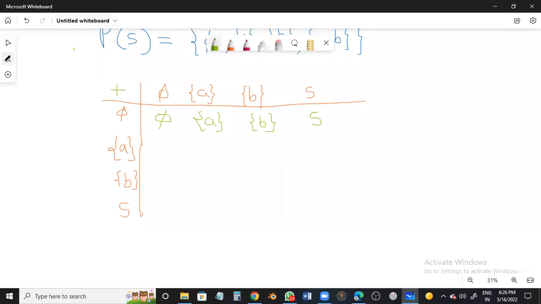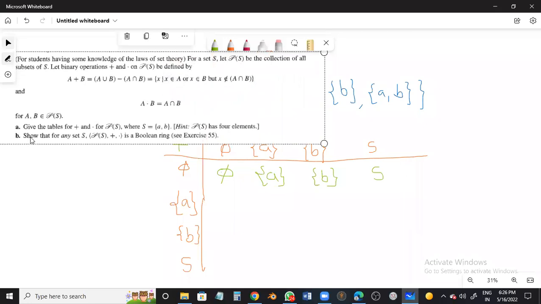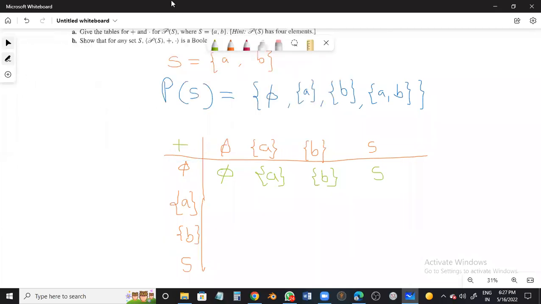What I have done is taken the union of the sets, and from that I have subtracted the intersection. Because it is the intersection with phi, the intersection will be empty. So no need to worry about it.